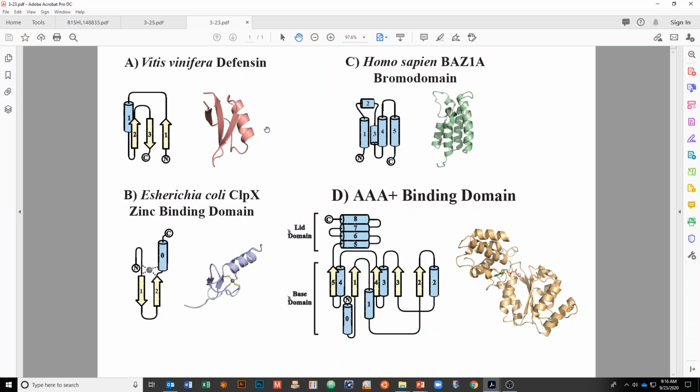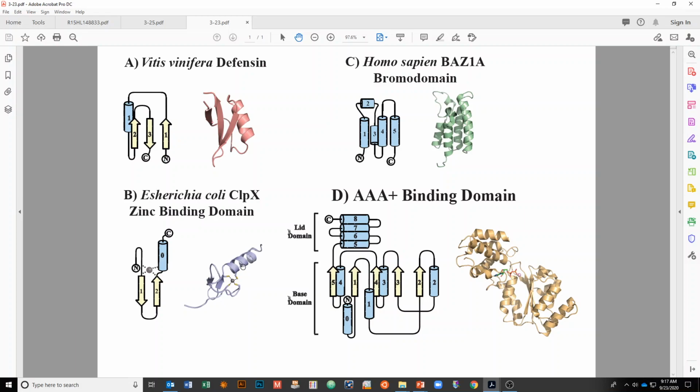Okay, so the same is true for any other protein that you look at. If you look at this zinc binding domain, it's a little bit more clear. You have a zinc ion that holds everybody together. In this case, for the zinc binding domain from E. coli ClpX, there's a zinc that is being coordinated by 4 different cysteines that are shown in yellow here.